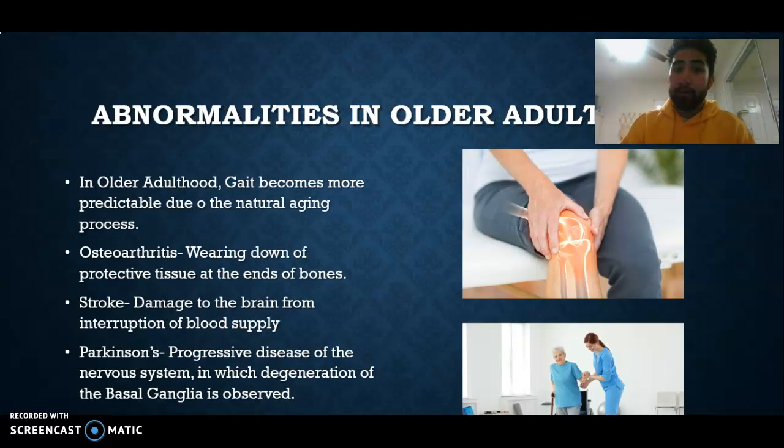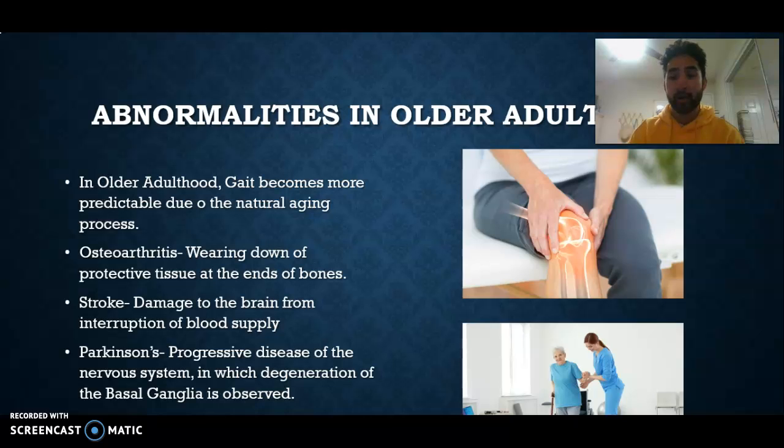So abnormalities in older adulthood can vary a lot because at this age, adults start developing different kinds of disorders and diseases through the process of aging. But the most common disease or disorder that people will develop is osteoarthritis, which is a wearing down of protective tissue at the ends of the bones.